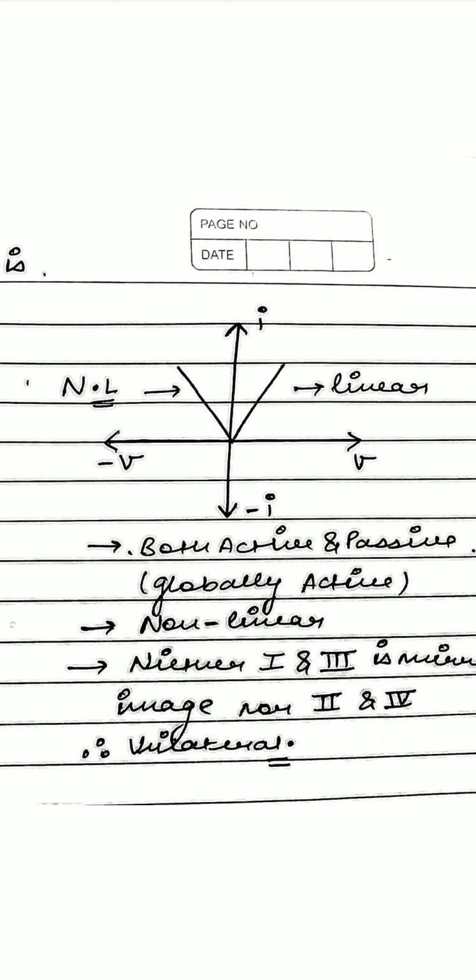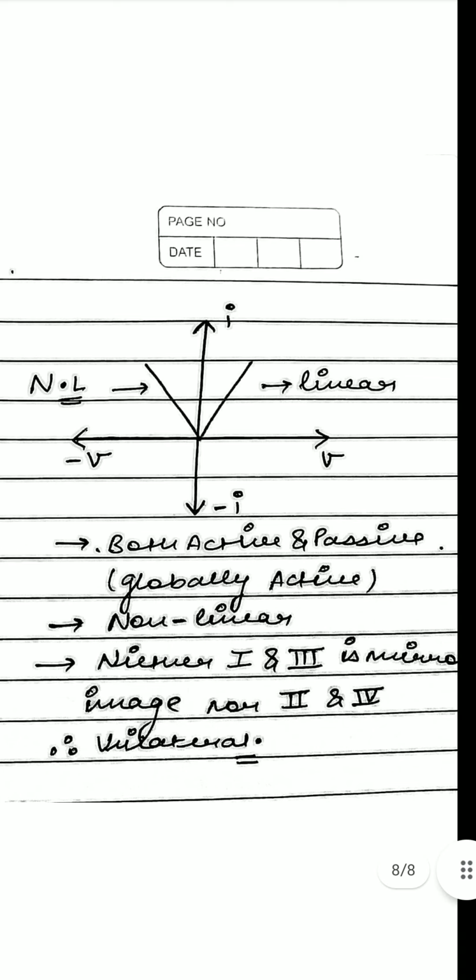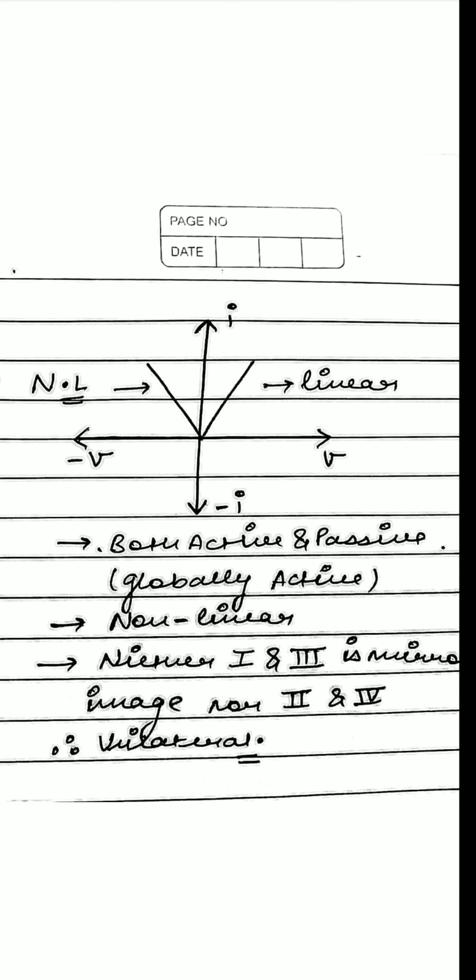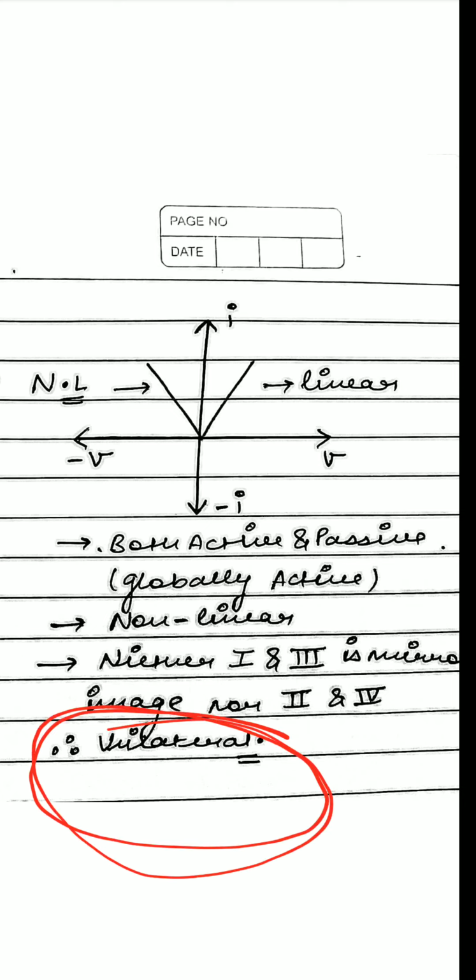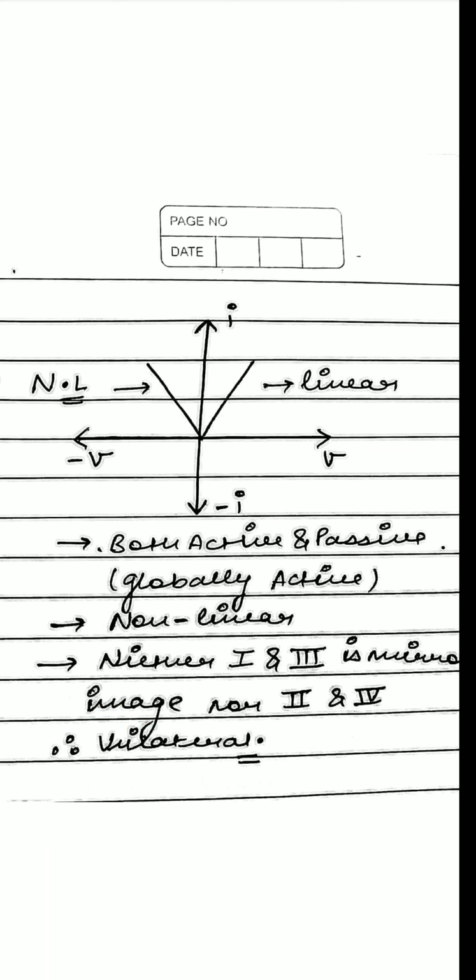Now, it is not symmetrical in the first and third quadrant, nor in the second and fourth quadrant, therefore it is unilateral. And also it is non-linear. The right part is linear: with the increase in voltage, current is increasing.